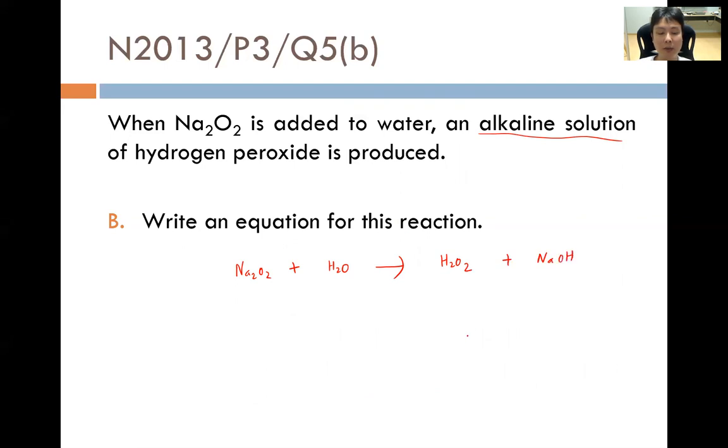So let's see if we can balance this equation. I guess we need a 2 here, and then we need a 2 here. And this will be the full balanced equation: 2 sodiums, 4 oxygens, and 4 hydrogens. So this is the balanced chemical equation for the reaction when you add sodium peroxide to water.